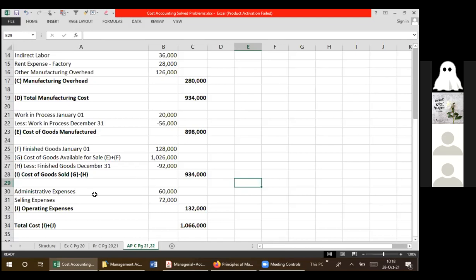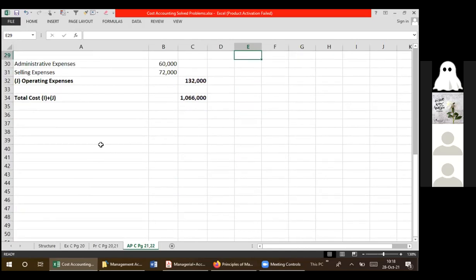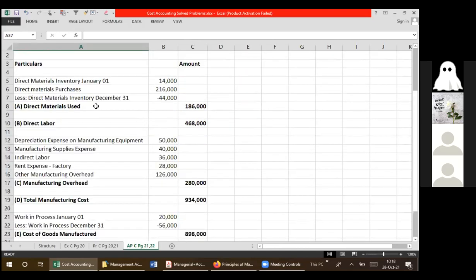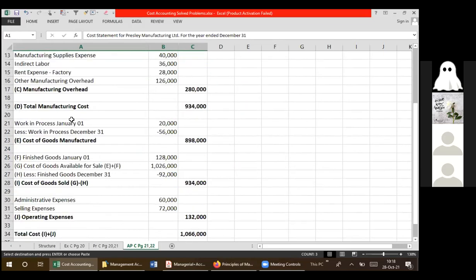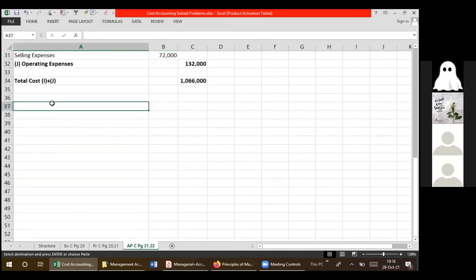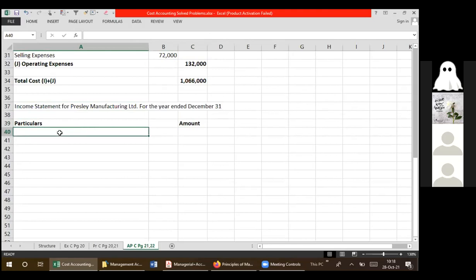Okay, now we create the income statement for this. So this was the cost statement and now the income statement. Starting with sales.